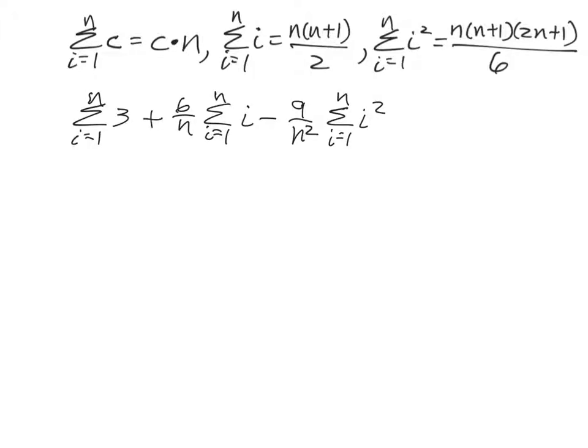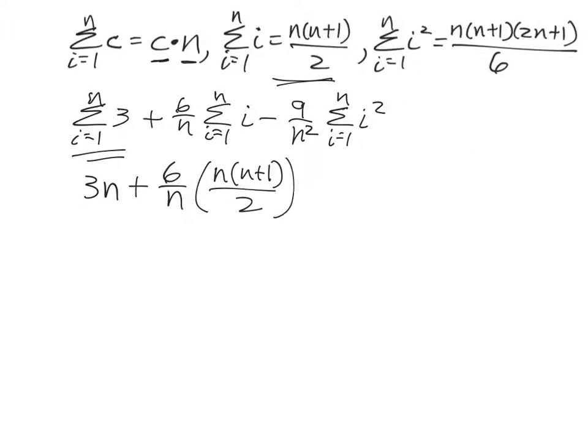So with the expression we have at this point, we've got the sum of a constant, so 3 times n will be the result of that first summation formula. The second summation, we have the 6 over n times the summation of i. So the formula there, n times the quantity n plus 1 all over 2.